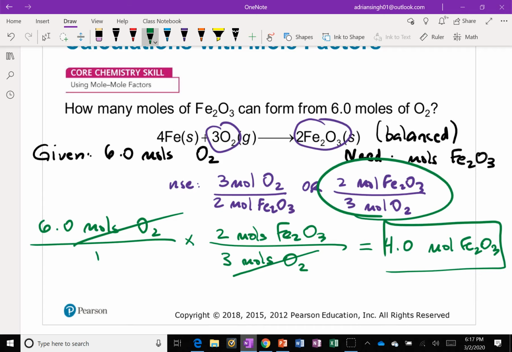That's a 4, not an H. Let's see here. So that's 4.0. Yeah, 6 times 2 is 12, divided by 3 is 4. So we can use the mole-to-mole ratio, in this case, to calculate how much of the product we should get if we know how much of the reactant we're starting with.